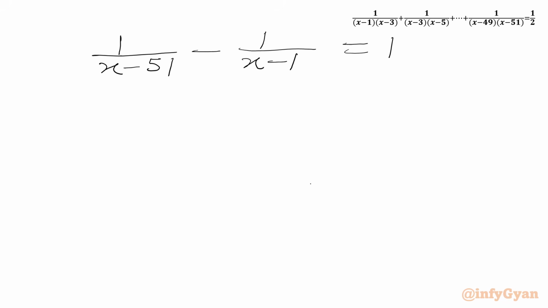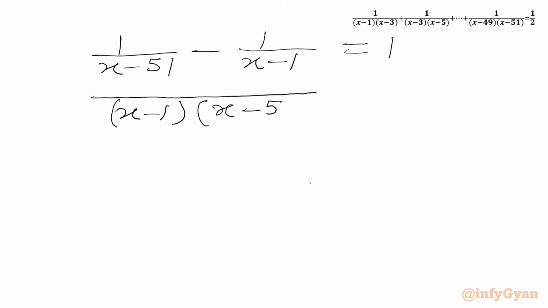Now we'll take LCM. We'll write x minus 1 times x minus 51 in the denominator, and in the numerator there will be x minus 1 minus x plus 51. Plus x and minus x will get over. RHS is 1.